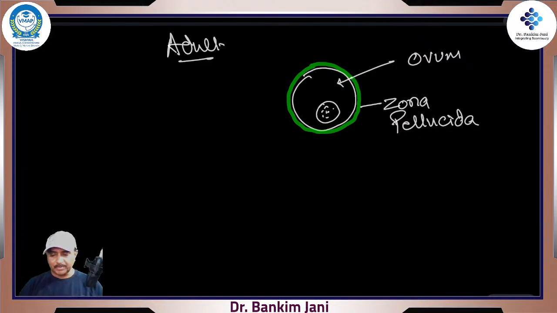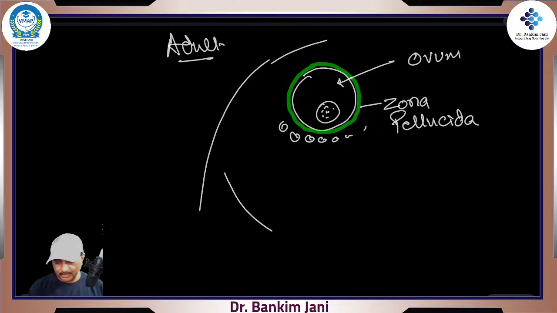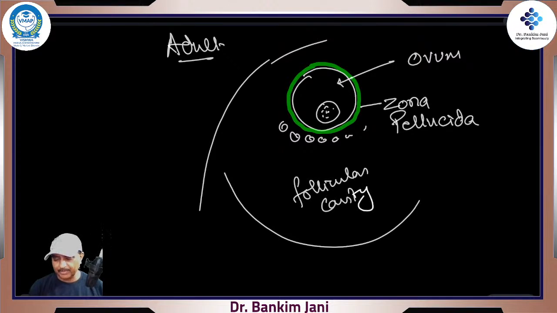Similarly, the cells present over here are called the corona radiata and then the cumulus oophorus. Then there is the whole follicular cavity. When the ovum is released, the rest of what is left out is called the corpus luteum, and then it becomes the corpus albicans.